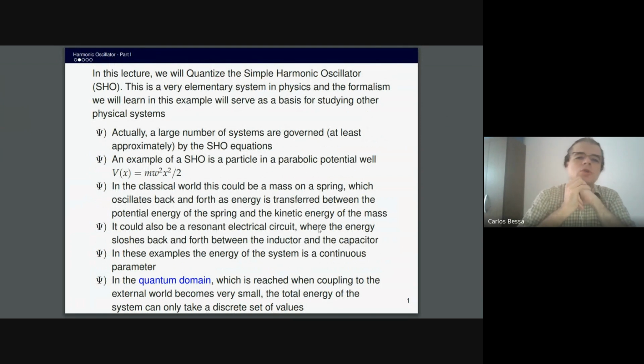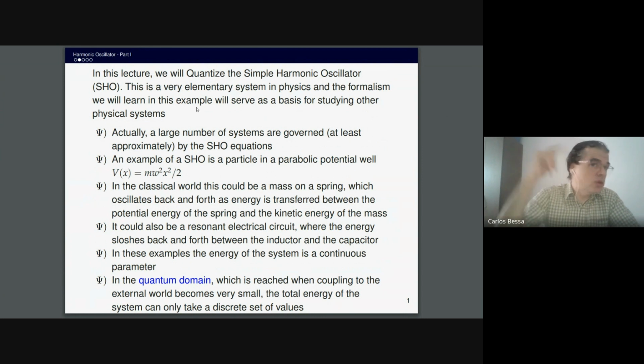In this lecture, we will learn how to quantize the simple harmonic oscillator, which is a very elementary system in physics. And the formalism that we learn today will be very useful for other more realistic and more physical models that we'll see in this course, quantum hardware optical models.